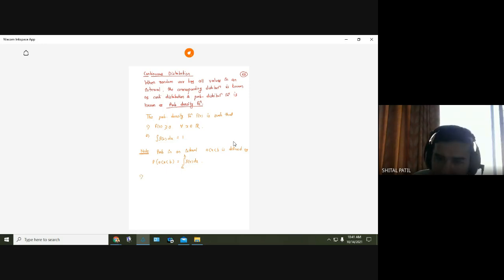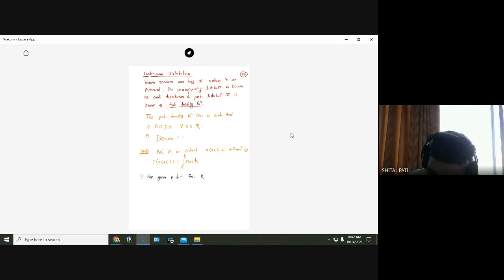Examples. For a given probability density function, you understand?